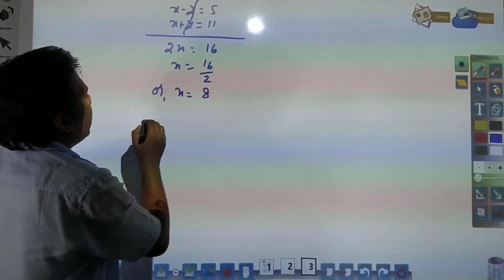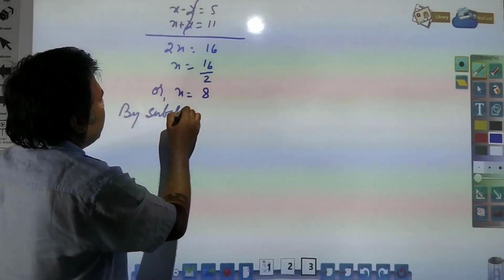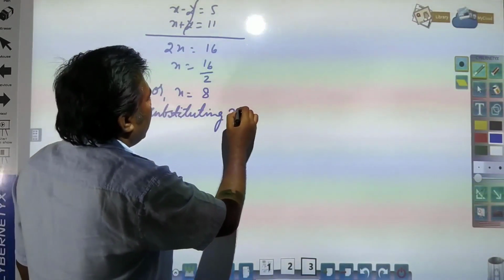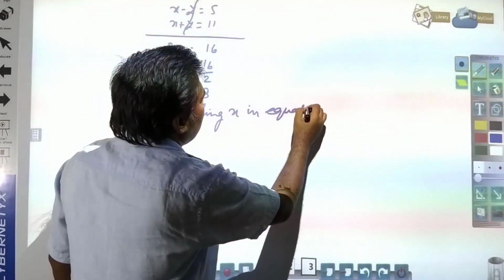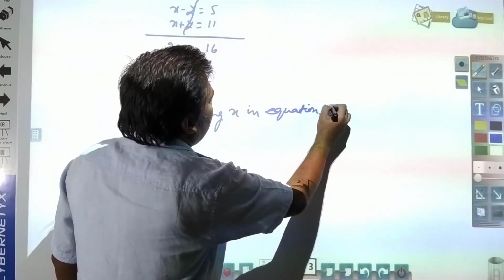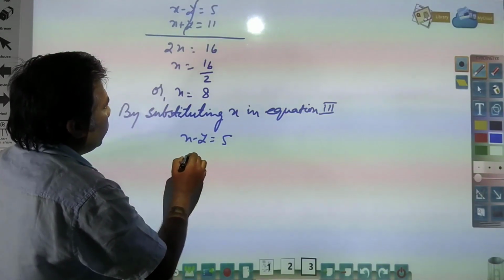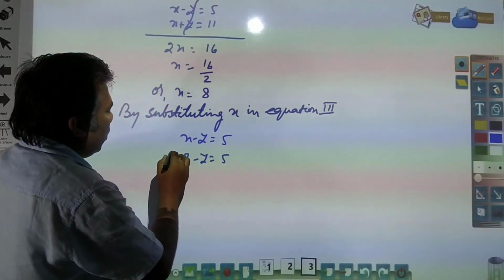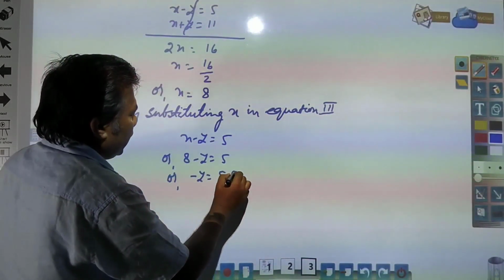Now you put this value by substituting x in equation third. X minus y is equal to 5. So 8 minus y is equal to 5, or minus y is equal to 5 minus 8.